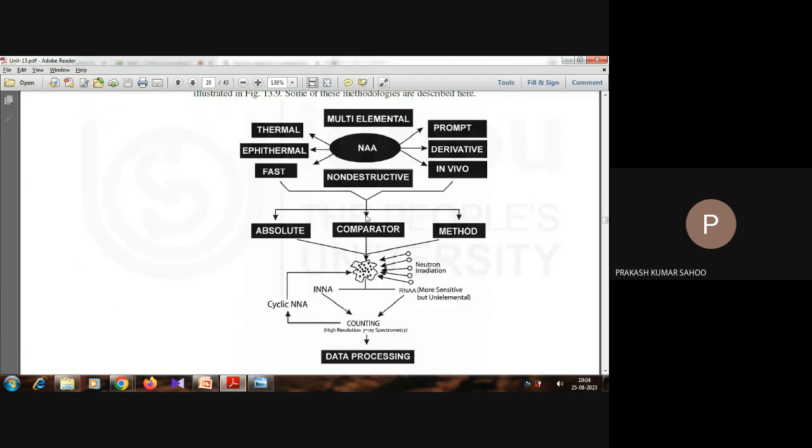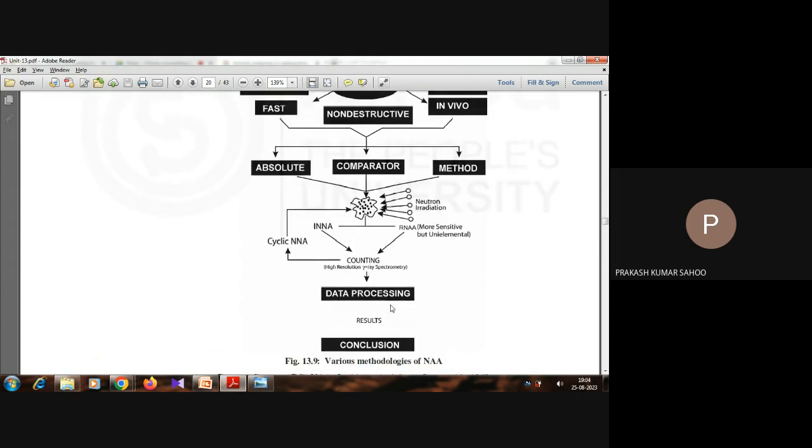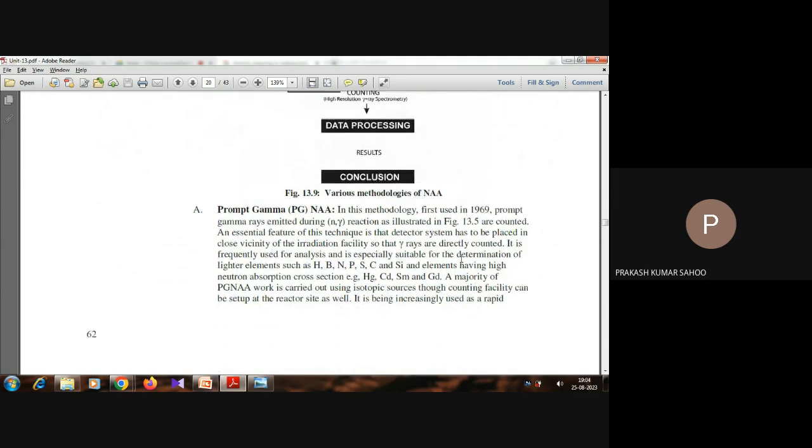Then this is again absolute, comparator, and some methods: cyclic NAA, INAA, and high resolution gamma ray spectroscopy.